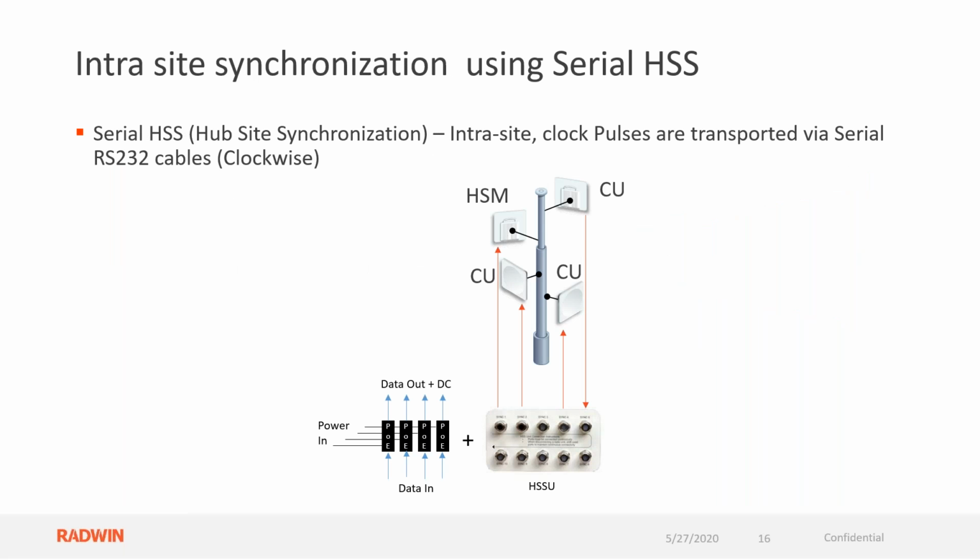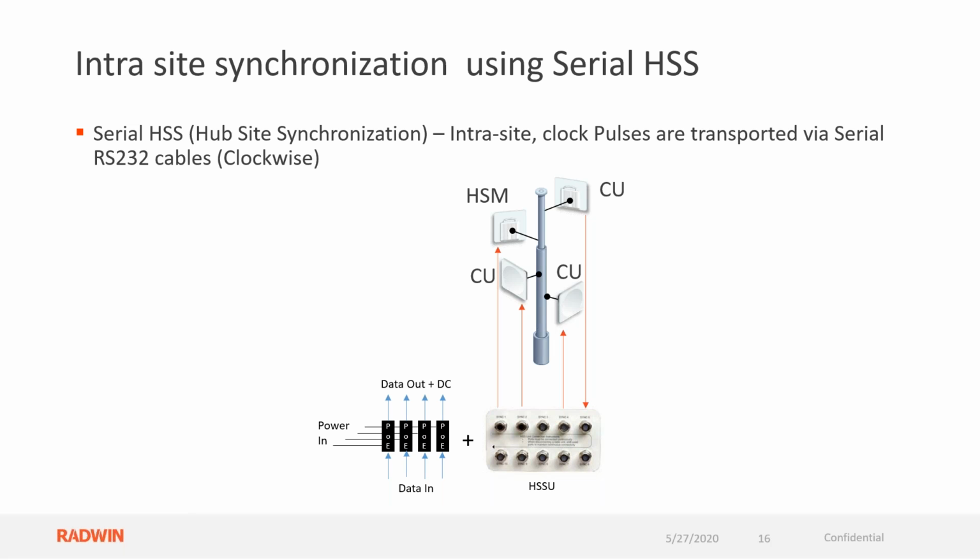In order to synchronize the intra-synchronized units on the same tower, we have two kinds of methods to do it. The first, which is a little bit old, is the RS-232 serial synchronization.